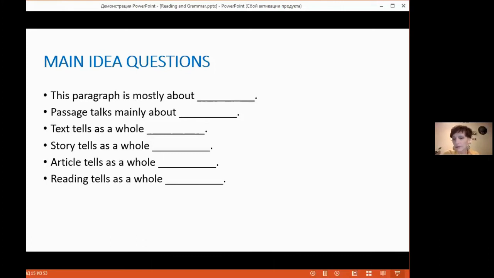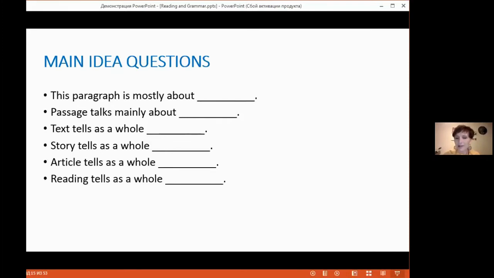Or if you do not have the possibility to do that, you jot down something, of course. Right, you could do it paragraph by paragraph. If the text is a longer one or a more difficult one, it could be a good idea to summarize the topic of each paragraph, and then take the main idea of the whole text from the sum of those. The whole understanding of the passage.